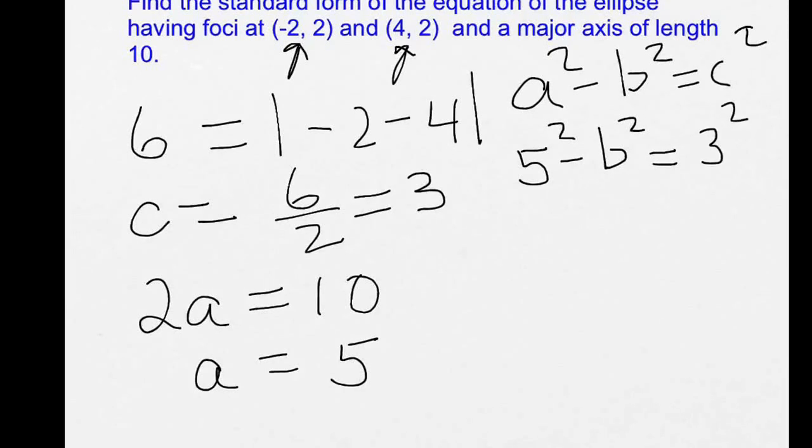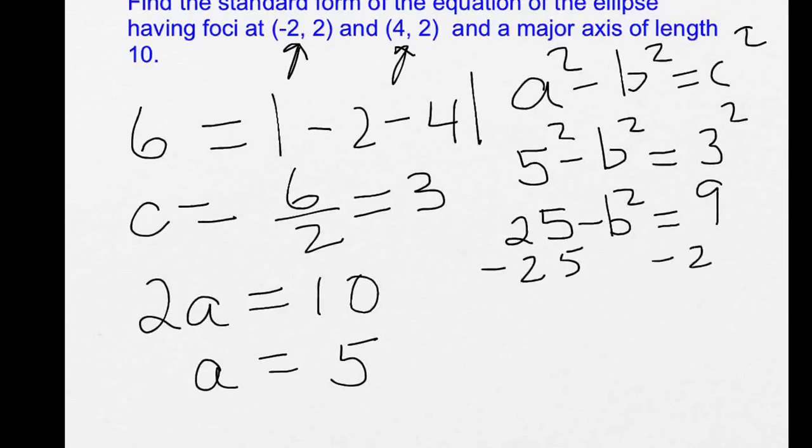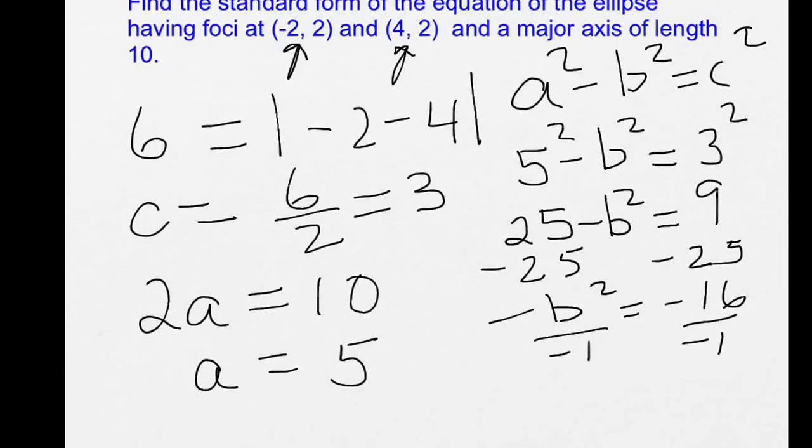So that's 25 minus b squared equals 9. Subtract the 25, and negative b squared equals -16. Divide by -1, and b squared equals 16.